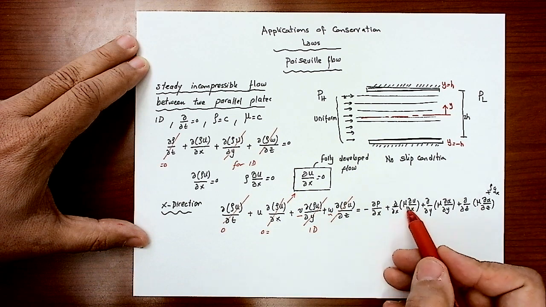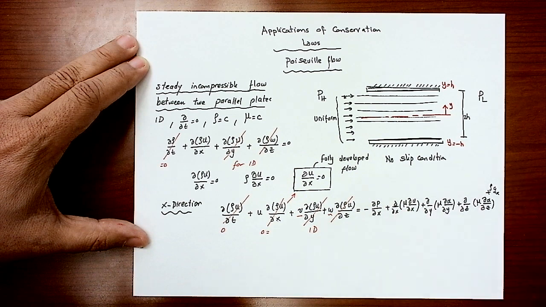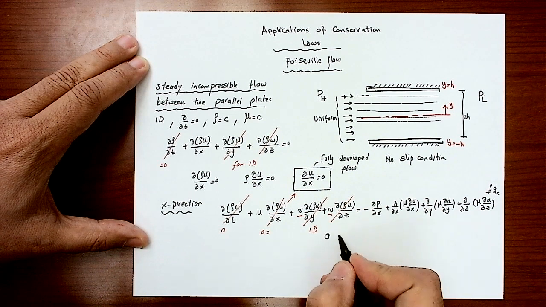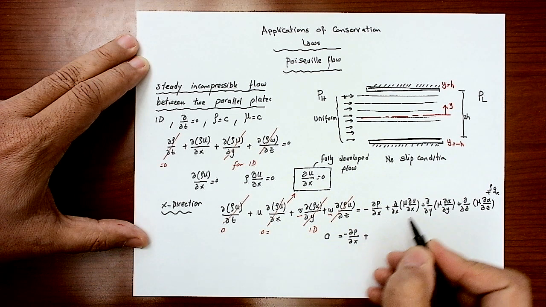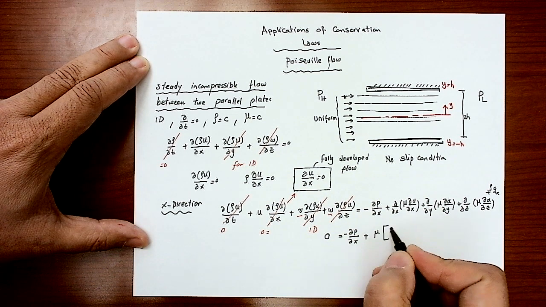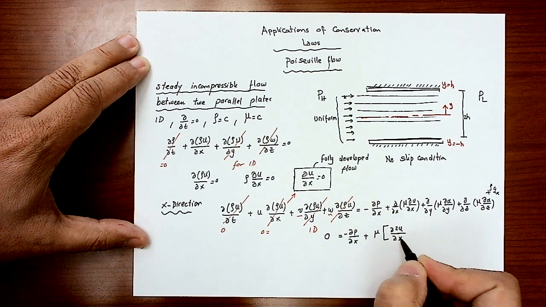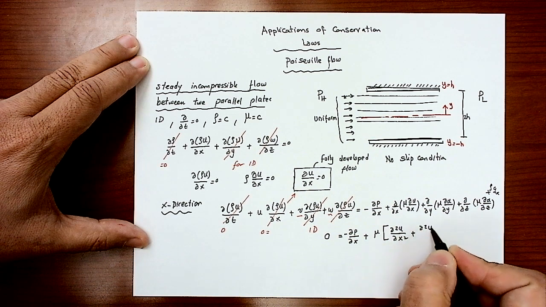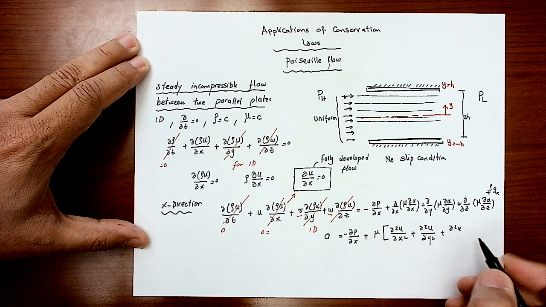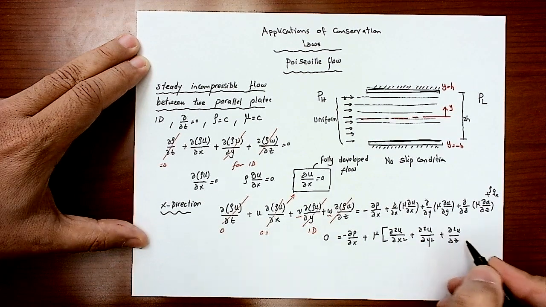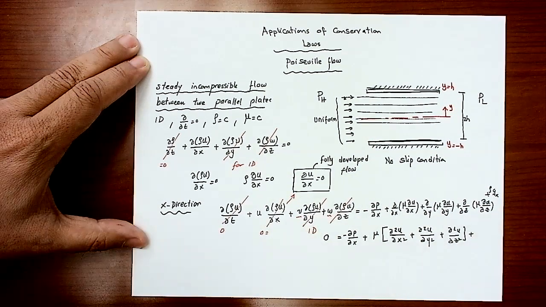Now mu is constant, can get out. So I'm going to end up having here: left-hand side is 0, minus partial p by partial x plus mu times partial 2u by partial x squared plus partial 2u by partial y squared plus partial 2u by partial z squared, plus gravity force would also be neglected.